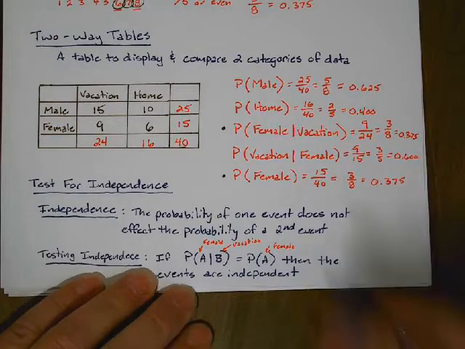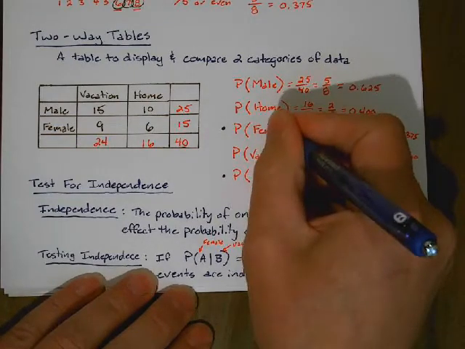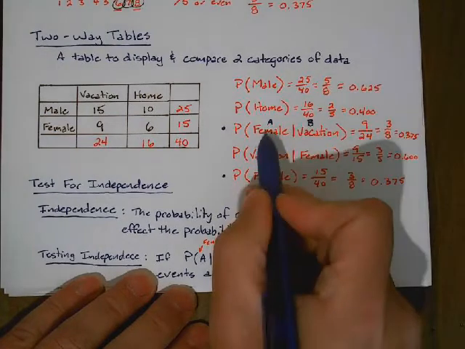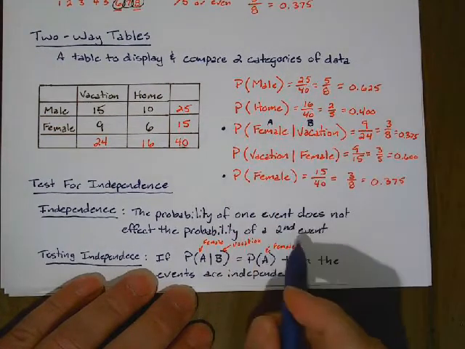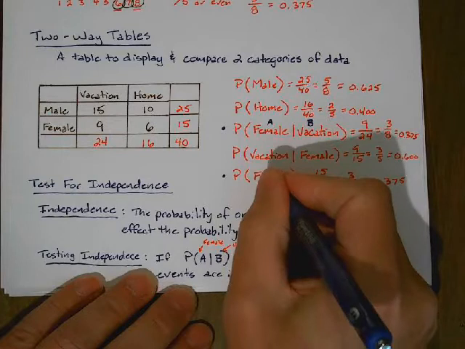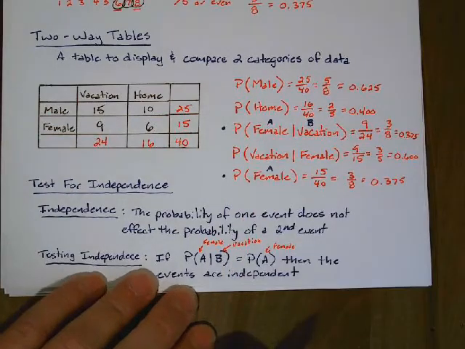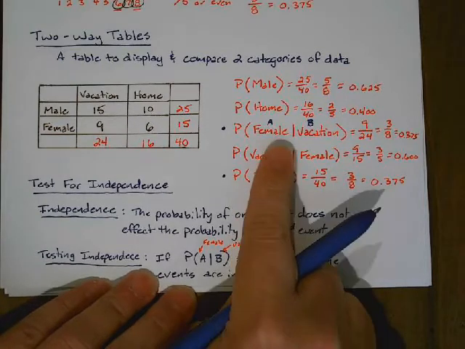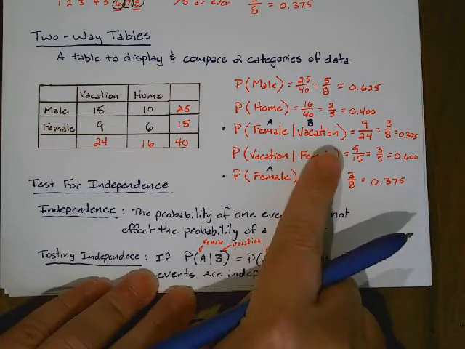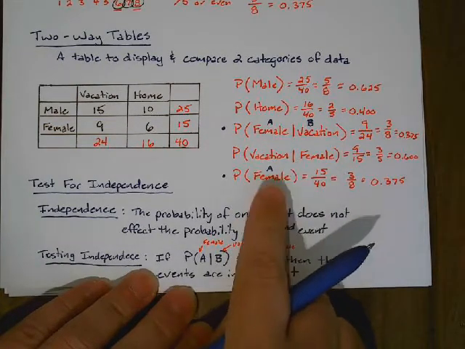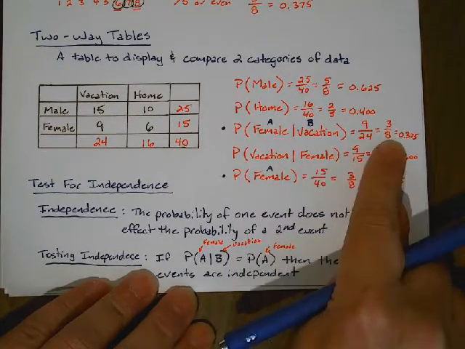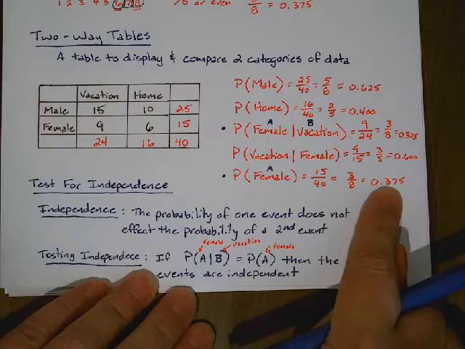So here I've got probability of A given that B, because females given that it's vacation. And then over here I've got the probability of A, females. So we want to see if the probability of females, given that we're only looking at people on vacation, is the same as the probability of finding a female. And we see that they both gave us 0.375.